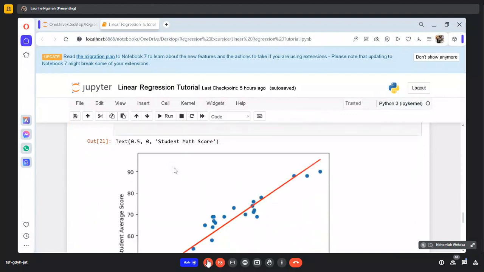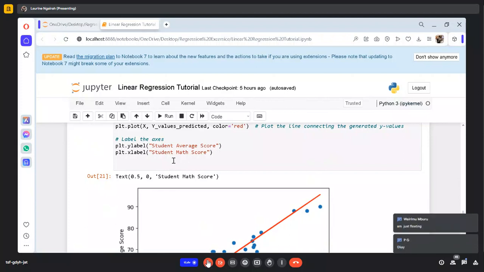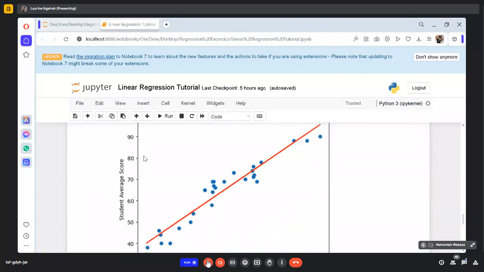But if you're looking at it from a machine learning perspective, where you want to use this line of best fit to predict the dependent variable, the line of best fit will not necessarily pass through the majority of the points, but it will pass along the best position.